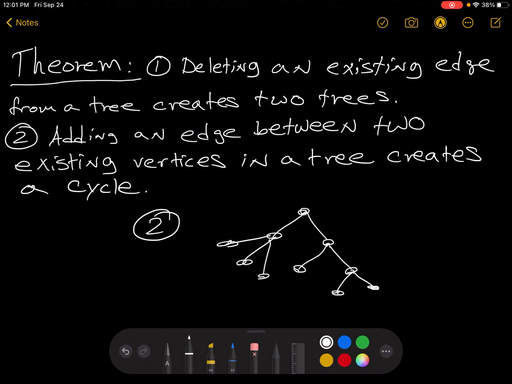Which two vertices do we want to add an edge between? Well, let's say that one and that one. Let me add this edge in red. So the added edge goes there, and now look, we have a cycle. Where's the cycle? It's exactly there. That's a cycle.